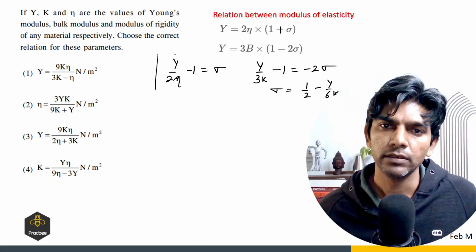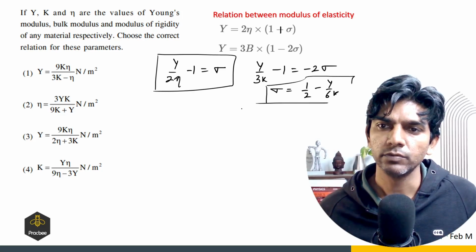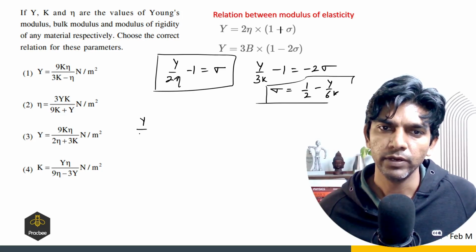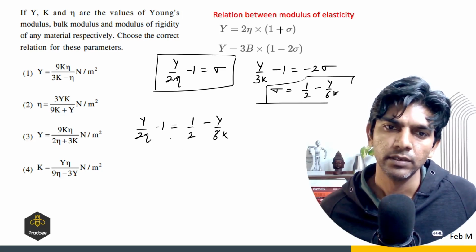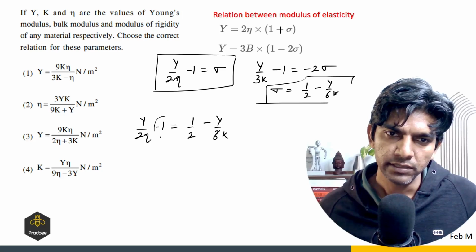Now let us equate this equation and this equation. So this will become y by 2 eta minus 1 equals 1 by 2 minus y by 6k. Right, let us take this negative on the right side.